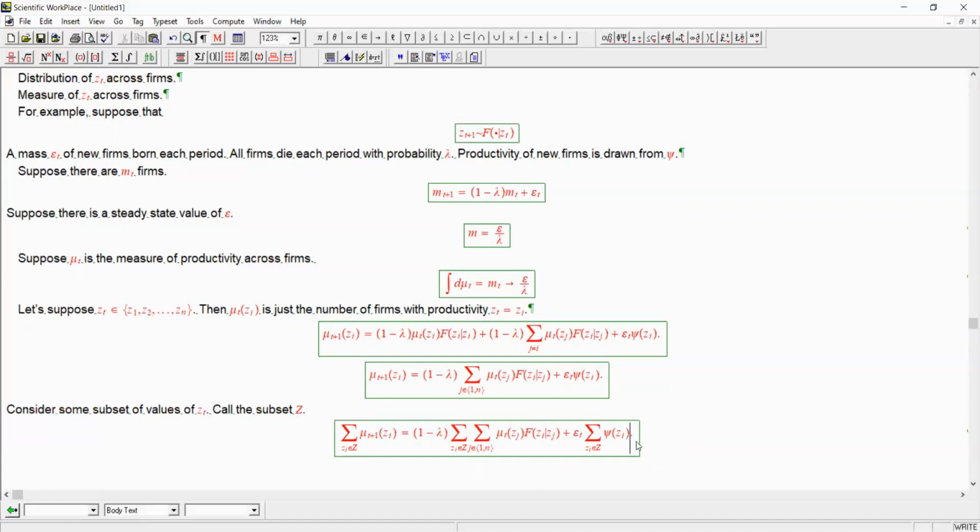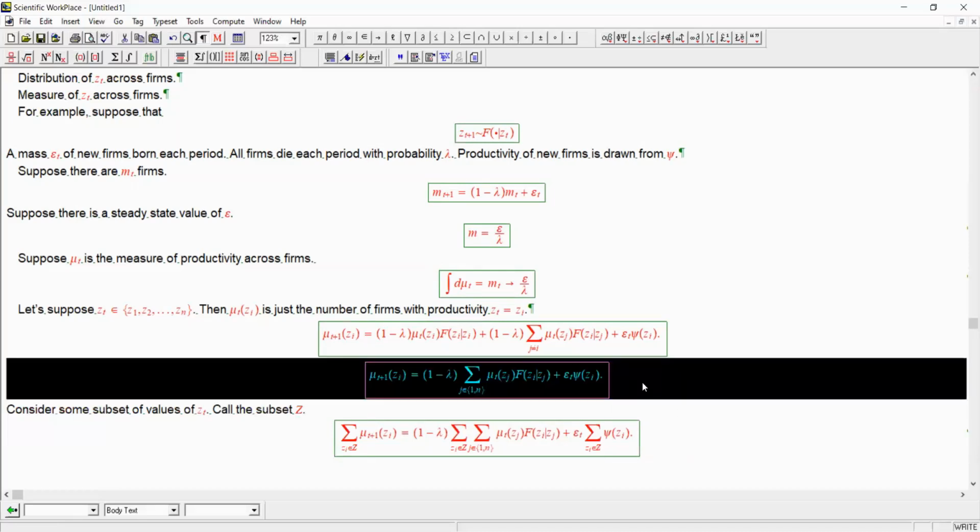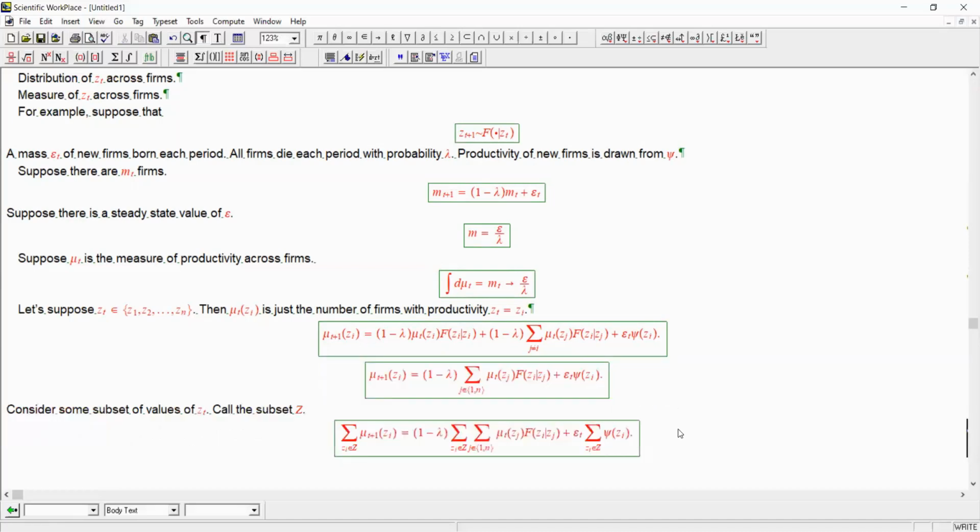Now you could say, well, this equation is of course equivalent to this one, ultimately. What happens is that while this one doesn't have a counterpart for the continuous case, this one does. And if you imagine that mu is now a continuous measure over a continuous set of z's, and now let's call Z some measurable subset of the space, the continuous space from which productivity is drawn.